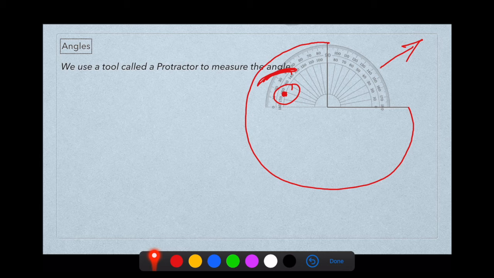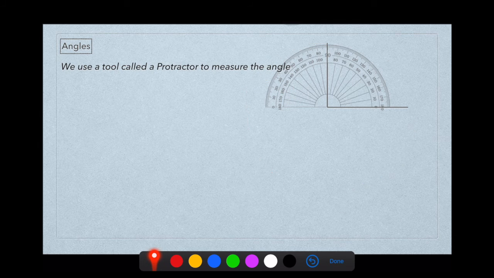I will explain this one further on, but please, if you didn't get the idea, rewind the video and watch this part all over again. So because my angle is a rightward angle, it looks to the right side, I will start with the right zero as my start point. Therefore, let's get rid of this, all right.